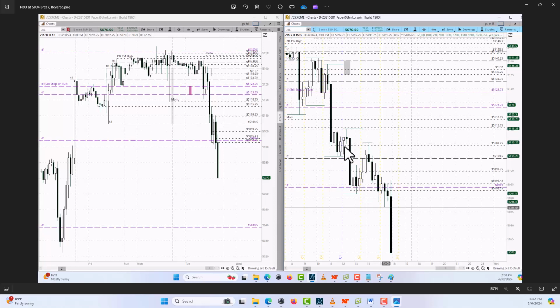But this level doesn't have a retest below before it closes above that level, which is a reverse. That's what we mean, and that's the setup we're looking for.